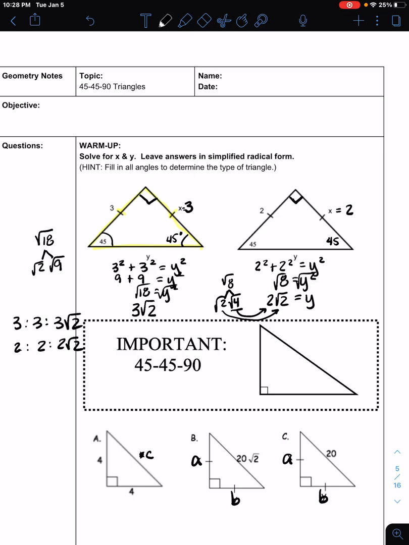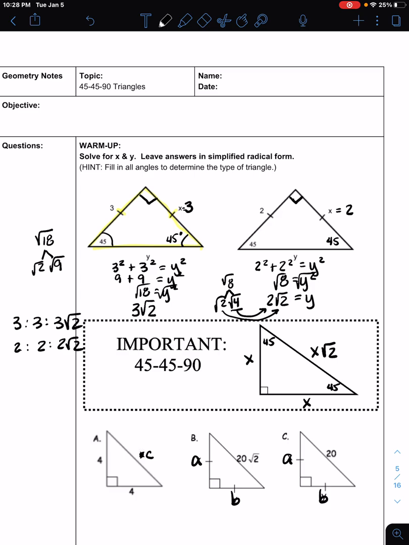Every 45, 45, 90 triangle is going to follow this same pattern. It's going to be some multiplier where, if this is 45 and this is 45, so if I have a 45, 45, 90 triangle, my 2 legs are going to be x. So they're going to be the same length. And my hypotenuse is always going to be the length of the leg times the square root of 2.